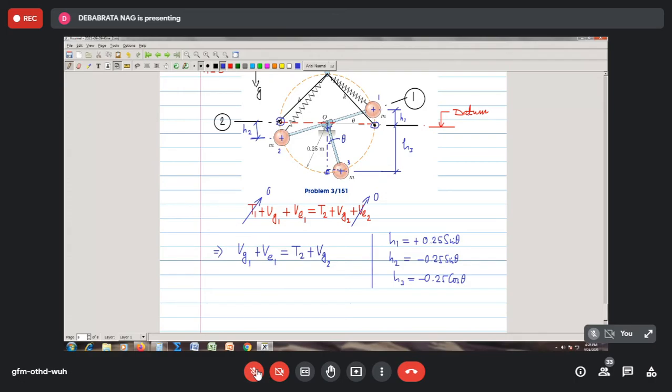This problem is pretty interesting, because at position 2 these two have potential energy 0, and only this one has potential energy. And at position 1 these two potential energies cancel, and I am having only this potential energy. So the entire change in potential energy is driven by the change in potential energy of this third mass. You need to analyze these problems. Take some time at home to analyze the problem you are solving, and you will get many things coming out from the statement of the problem.